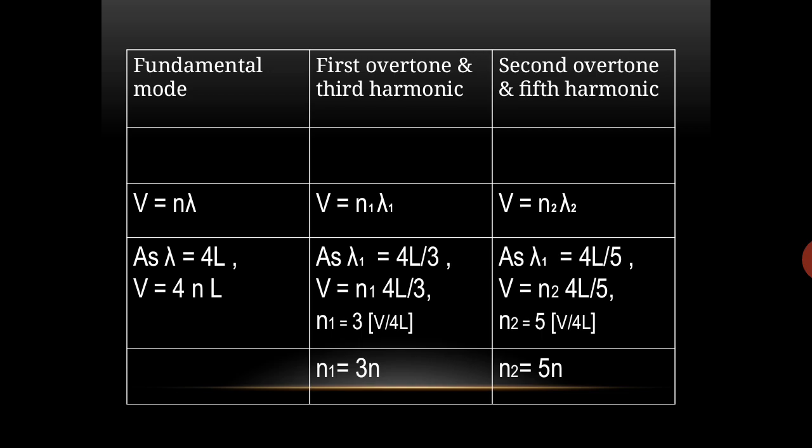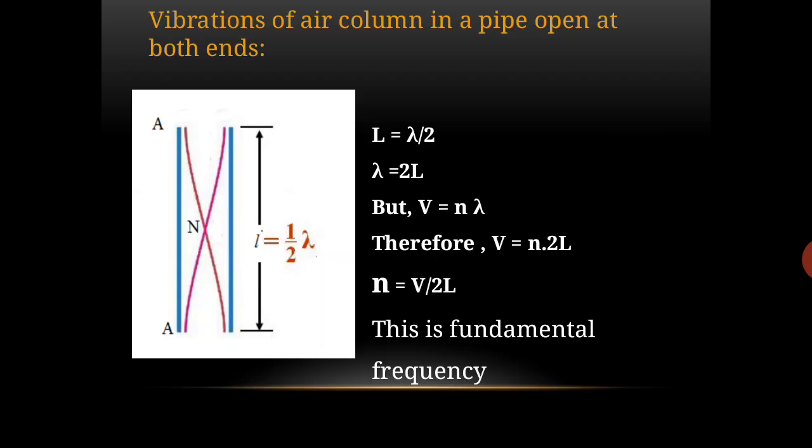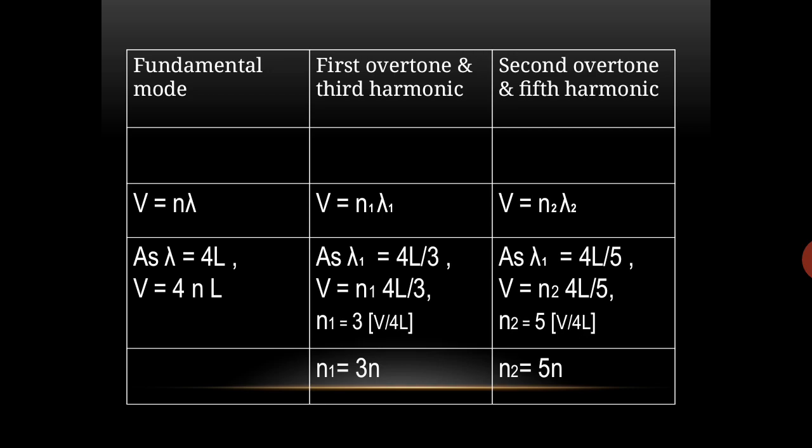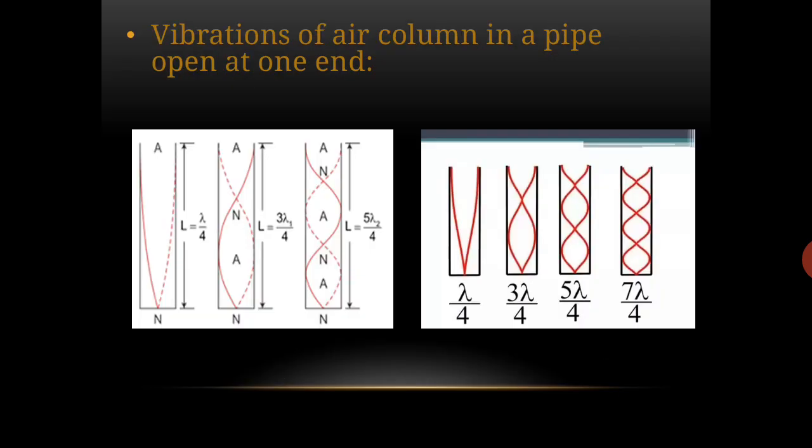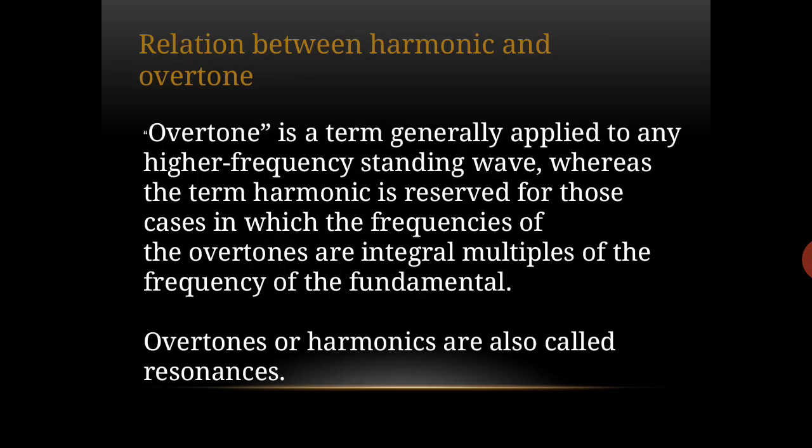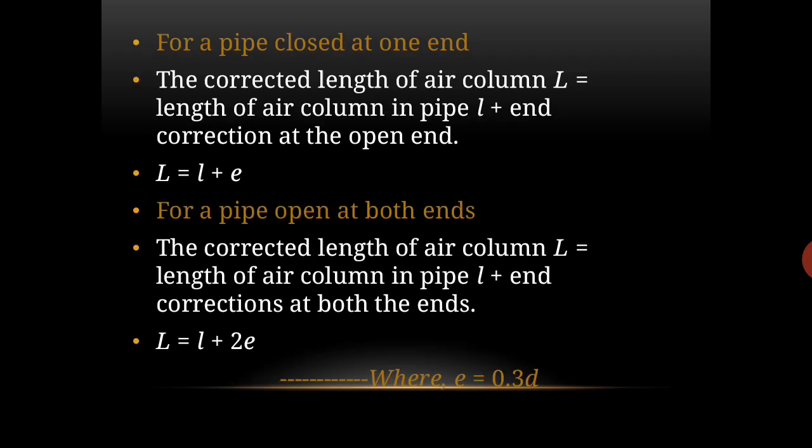Means for every overtone you will have only odd terms of harmonic. This is the example. You need to understand this diagram, otherwise you can't do the explanation. This is the relationship between harmonics and overtone.